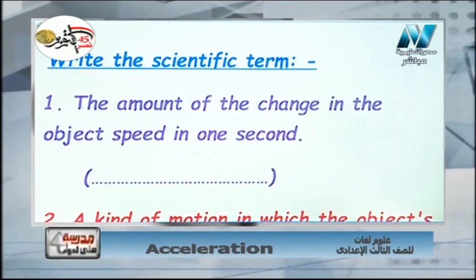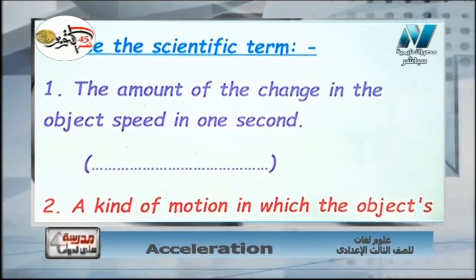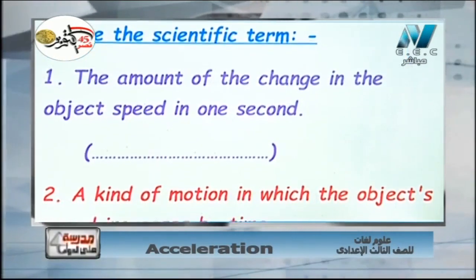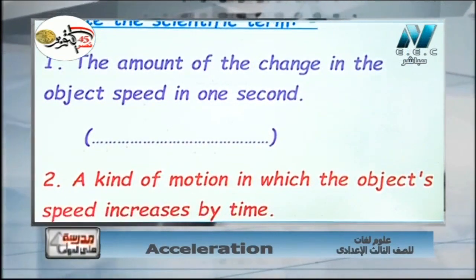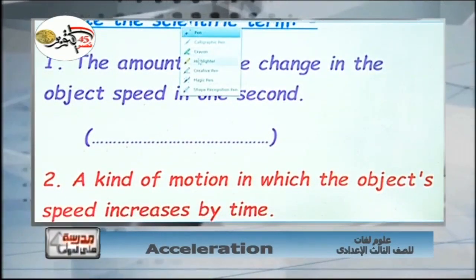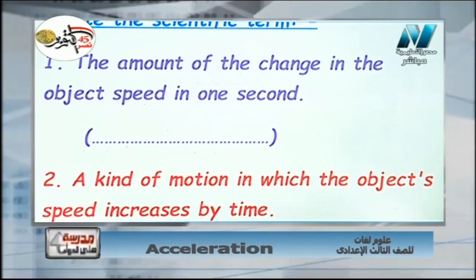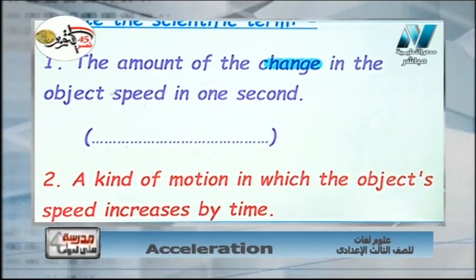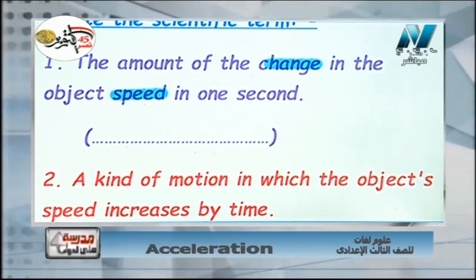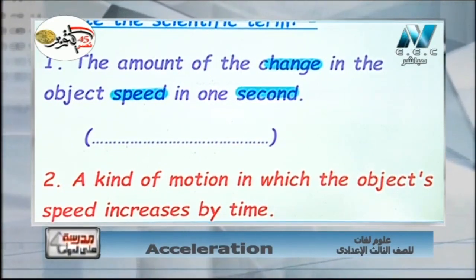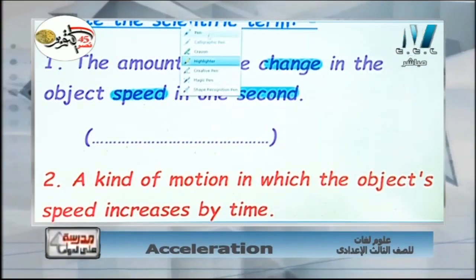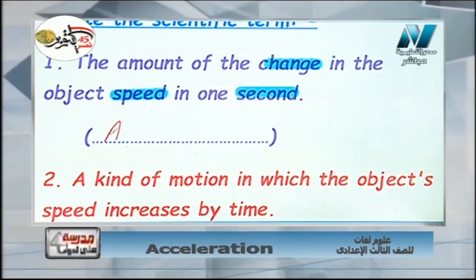Next one: write the scientific term. The amount of the change in the object's speed in 1 second. We talk about the amount of change in the object's speed in 1 second, as we have here time. So yes, we talk about acceleration.